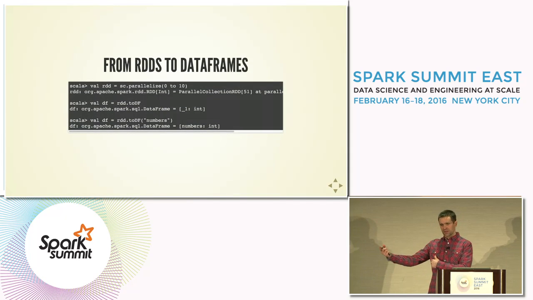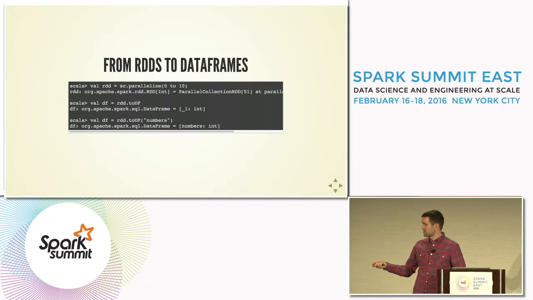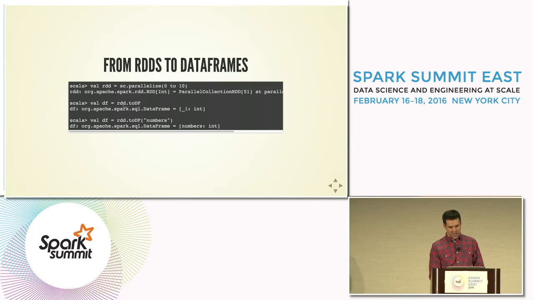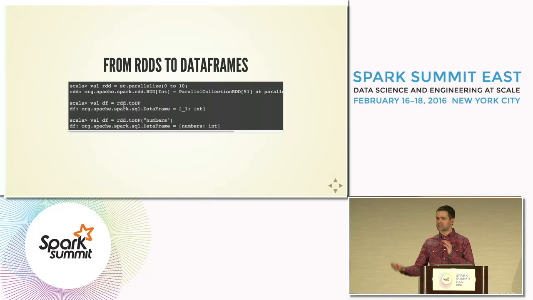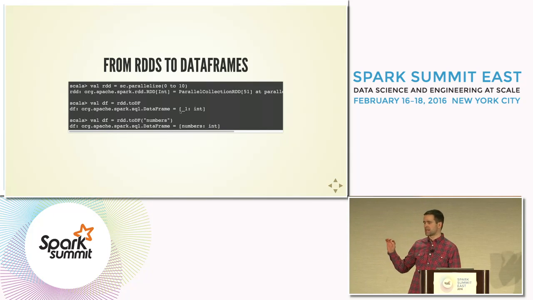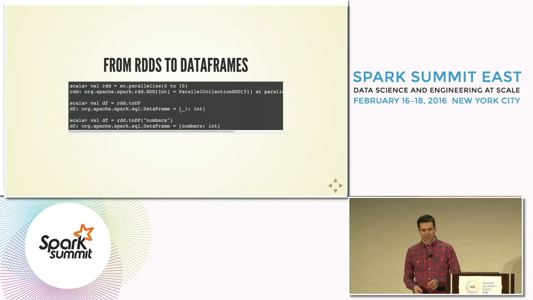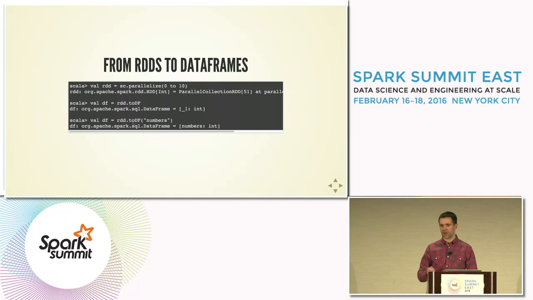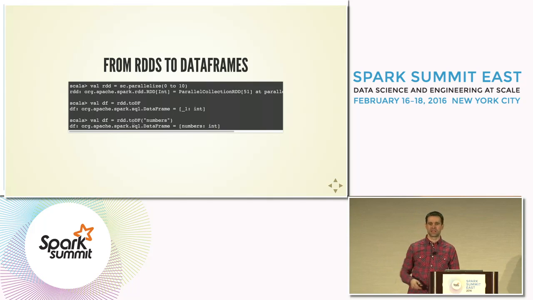Okay, so let's have a look at how to create DataFrames out of RDDs. This is the way to create an RDD. I use parallelize, and then I use this toDF that transforms my RDD into a DataFrame. Now I created a DataFrame out of an RDD, and if I'm not satisfied with the column name, because it's _1 now, I can use toDF and give the names of the columns that the data sits in.